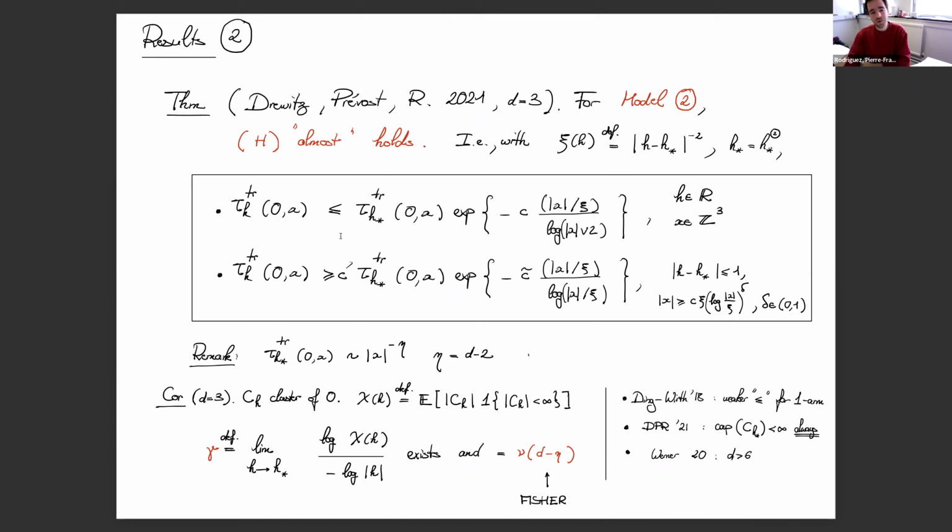So if you naively define the 2-point function in the same way, just connecting 0 to x, then it's going to be one polynomial versus another polynomial. So this is kind of hard to detect. So somehow, you would have to define something which is connecting 0 and x using edges which are not too long, but how long should they be? This becomes more intricate, and here it's completely clean, and the observable is just the one you should naively write down.